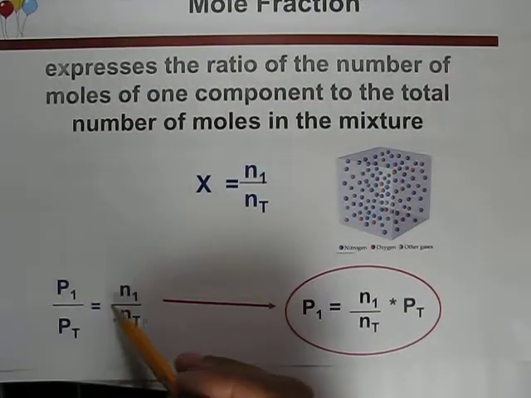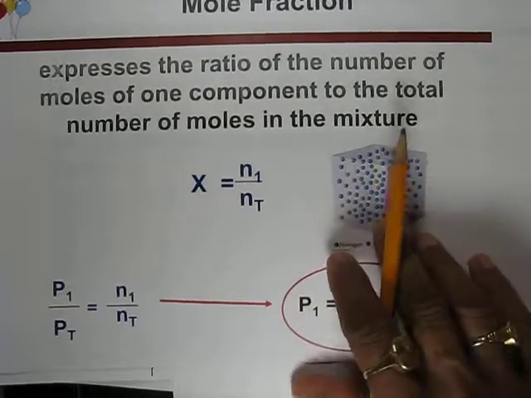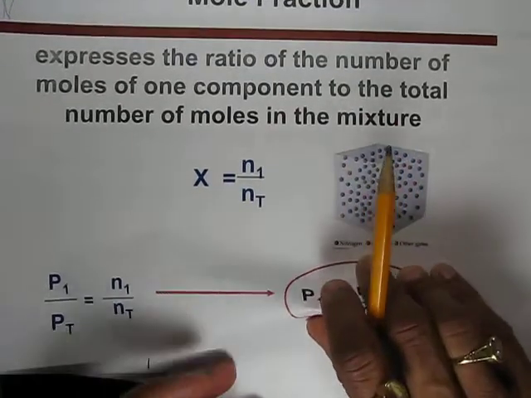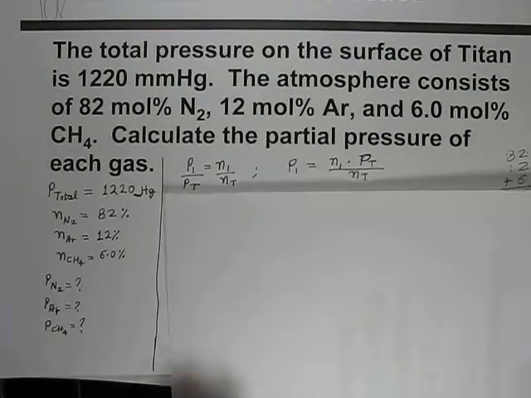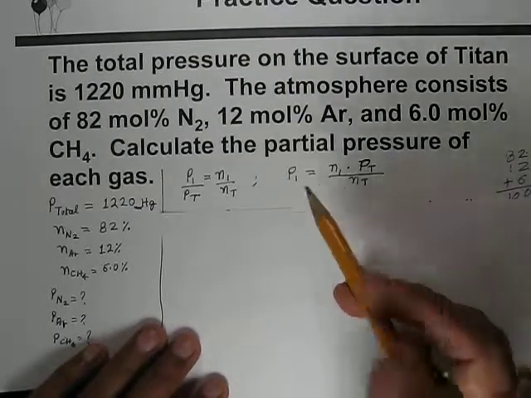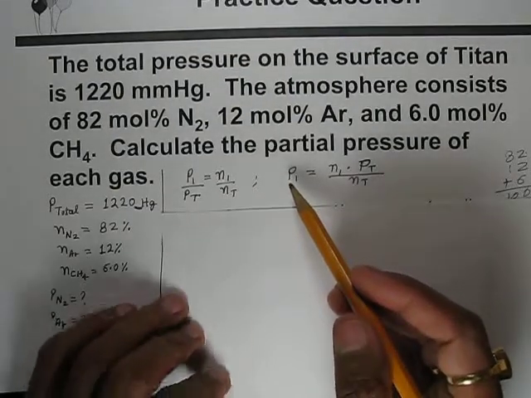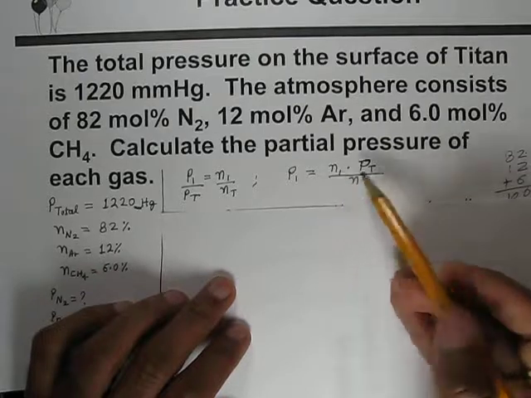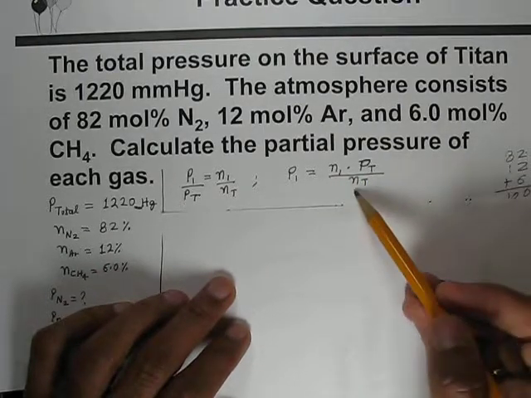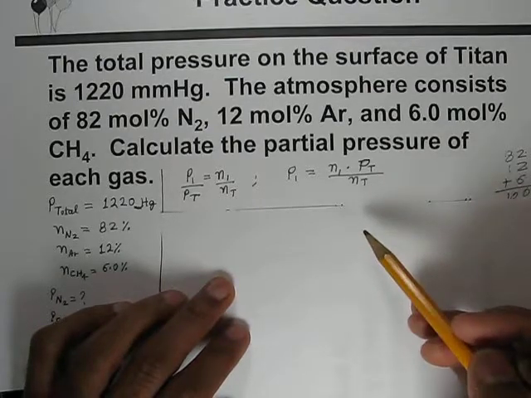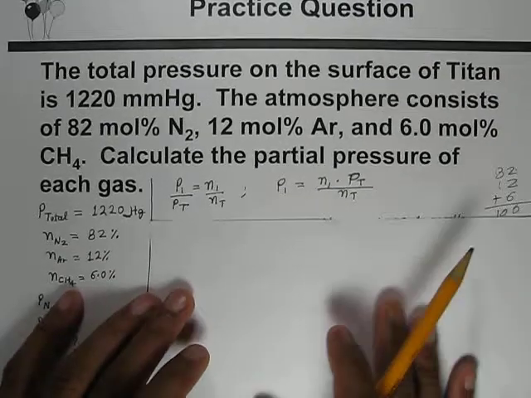P1 over PT is equal to small n1 over nT. So if we are going to calculate the partial pressure of nitrogen gas, we will modify this equation: partial pressure of nitrogen gas will be moles of nitrogen over total moles of air, all the gases, multiplied by the total pressure of the gaseous mixture.